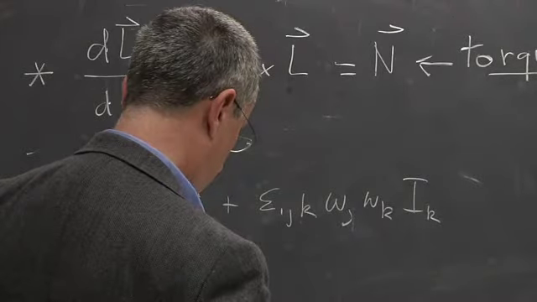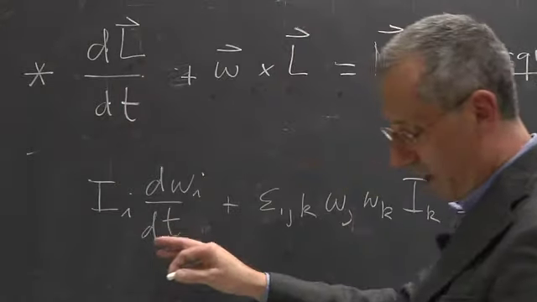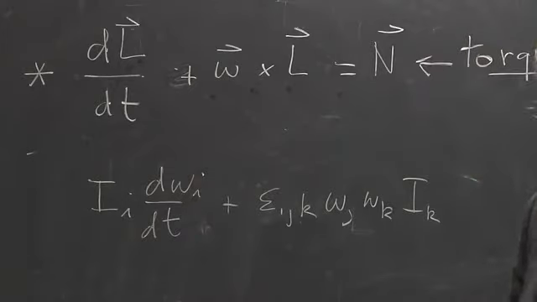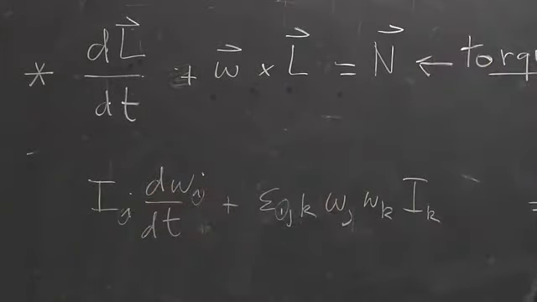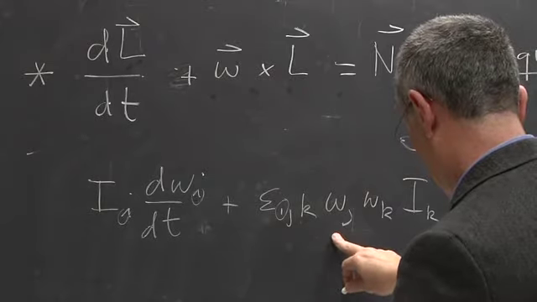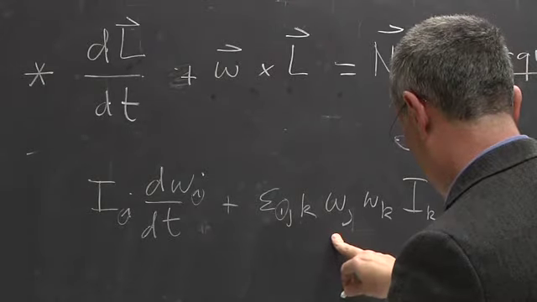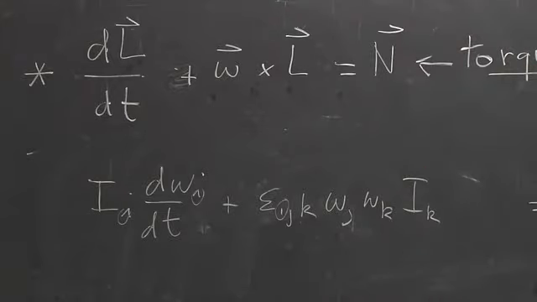No, this is not summing actually, because here I want to put the i-th component of the torque. So this is an index that you keep. Sorry, jk. What did I do?